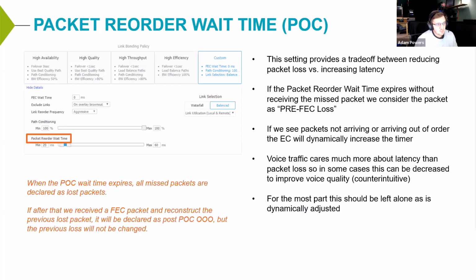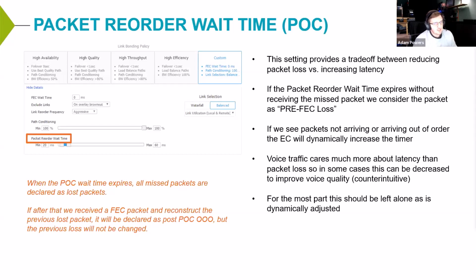Interestingly, it's possible to have a packet that is just highly delayed. So let's say that I suddenly have 800 milliseconds of latency. The packet reorder wait timer will expire, and we will count that as loss, even though the packet shows up later. And that will appear as light blue as recovered packets.